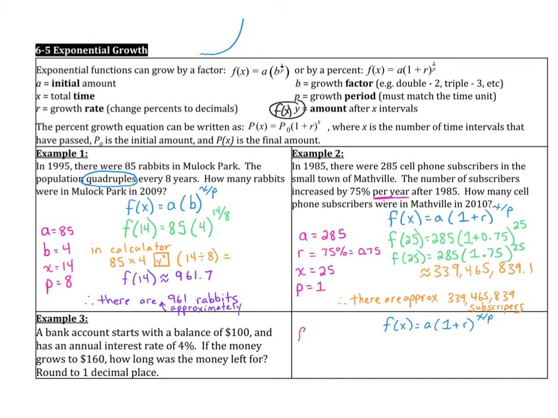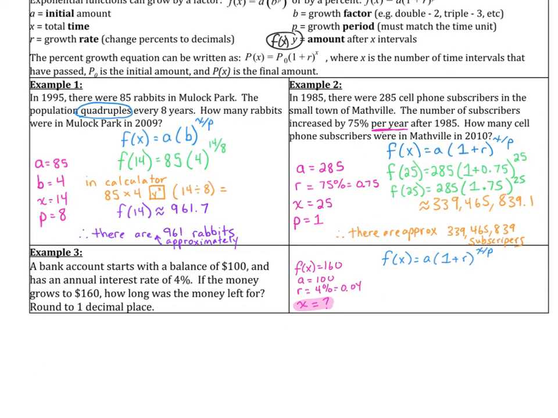Now, because it's increasing by a percentage, we're going to be using this formula. And this time we know that the final amount is 160. The opening amount is 100. The growth rate is the R, which is 4%, which is 0.04. The X in this case is what we don't know, so that's what we're solving for.